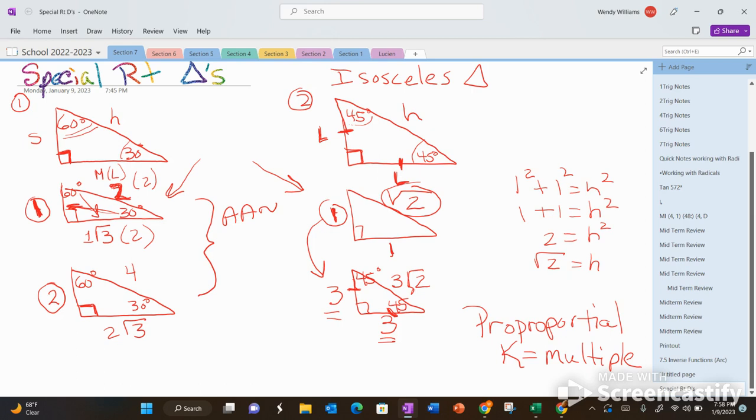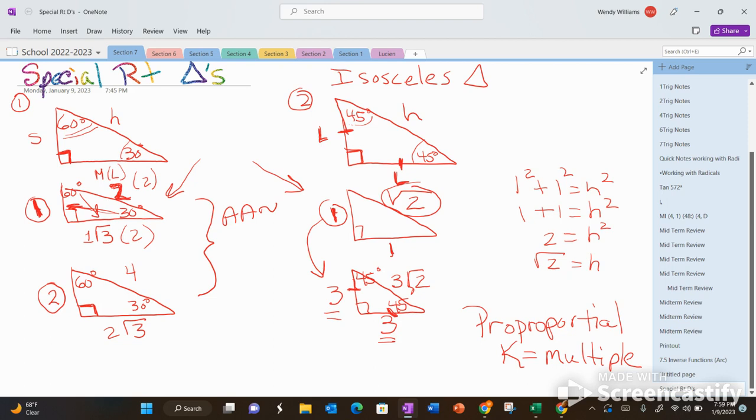They're not always going to be that easy, but I wanted to show you that they are nothing but similar triangles, and we don't have to freak out just because they look ugly and they have square roots in them. All right, now I'm going to give you one or two problems and show you the application of how to set up ratios and proportions to solve them.